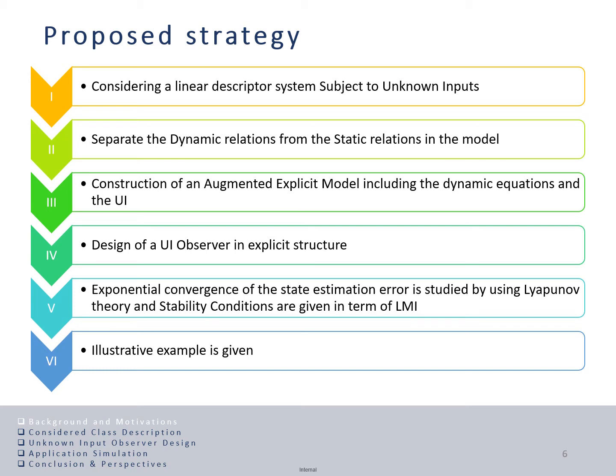Next, an unknown input observer design in an explicit structure is proposed. The exponential convergence of the state estimation error is studied using Lyapunov theory, and stability conditions are given in terms of linear matrix inequalities. An illustrative example is given to show the observer performance and the effectiveness of the approach.